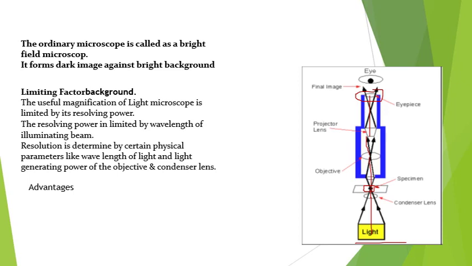As far as its advantages are concerned, basically we use this microscope only for immobile specimens, bacteria, cells or tissue. Most of the transparent or colorless specimens must be stained for a clear vision or a clear image.